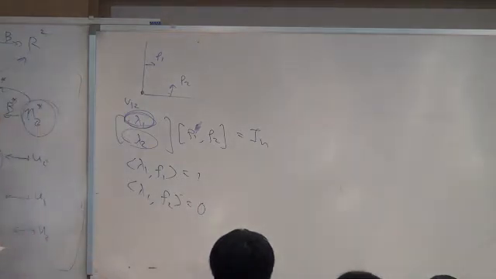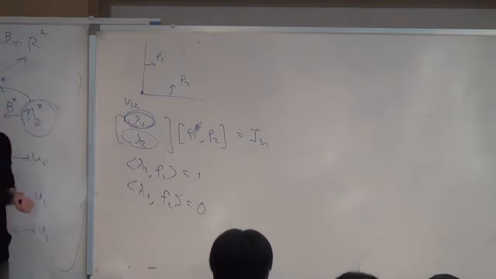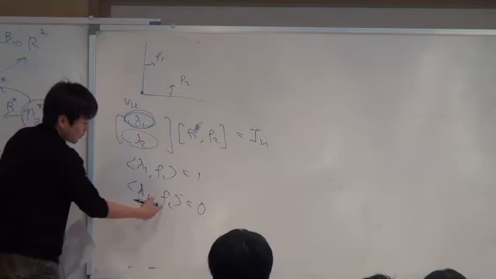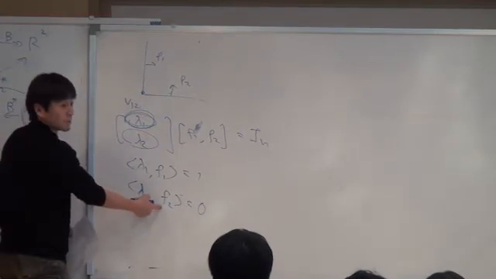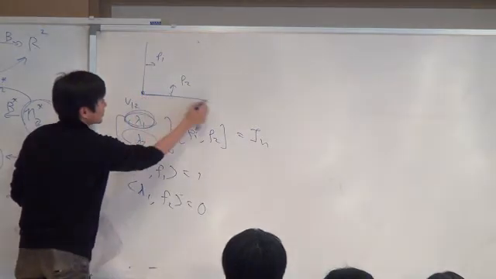So can you place what this lambda 1 is in the picture? Lambda 1 is orthogonal to row 2, so that means lambda 1 lies on this facet.